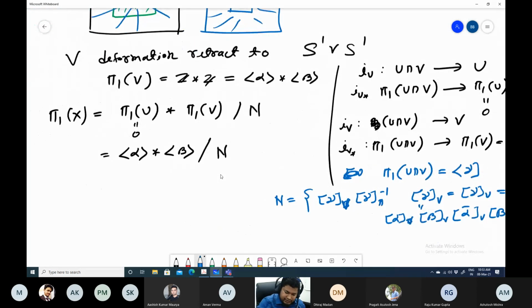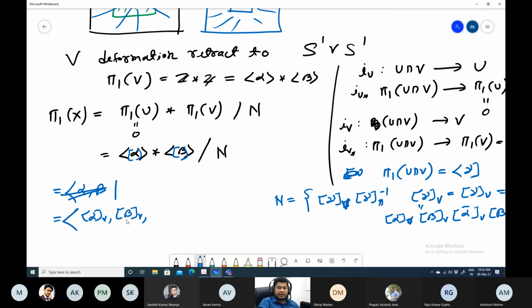So therefore, you can write it is generated by alpha, beta, these two, and quotient by it gives the relation, and the relation is this one. So you can write this is the homotopy class. So you can write it as alpha V, beta V, because the fundamental group of U is 0, and the relation is this one, beta V, that is 1.